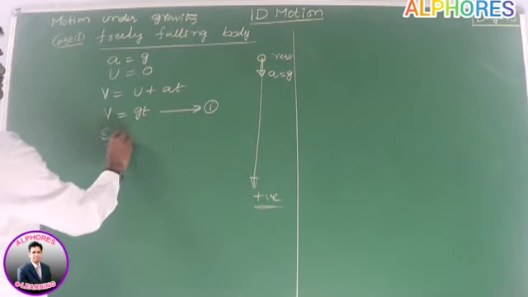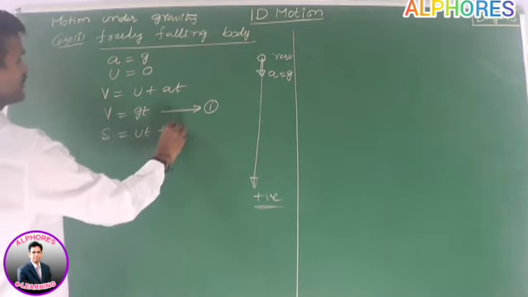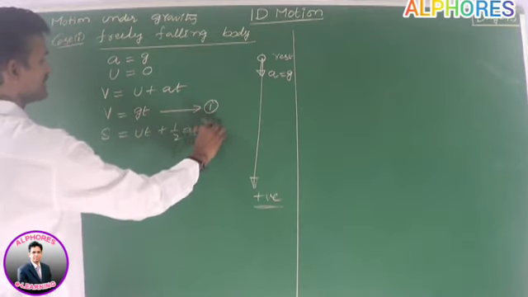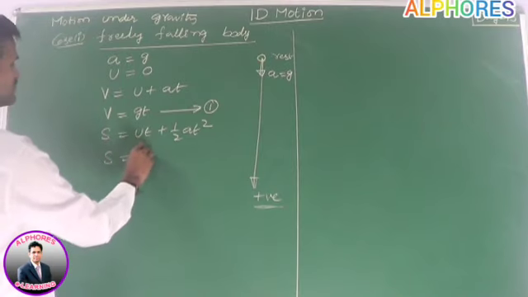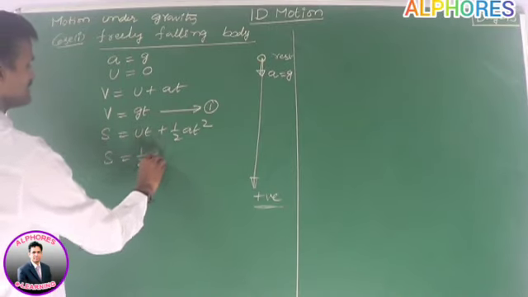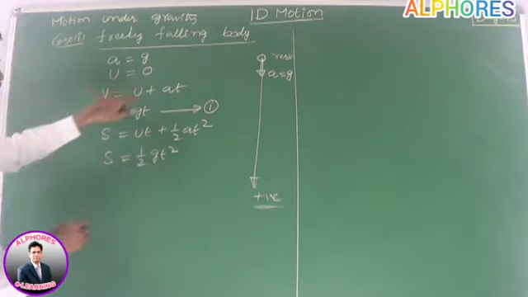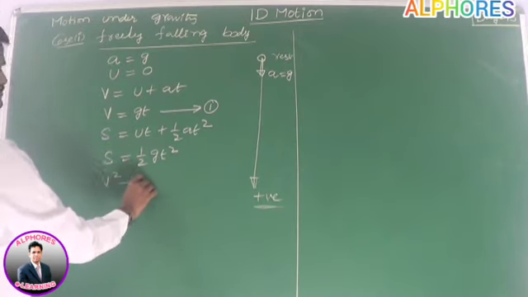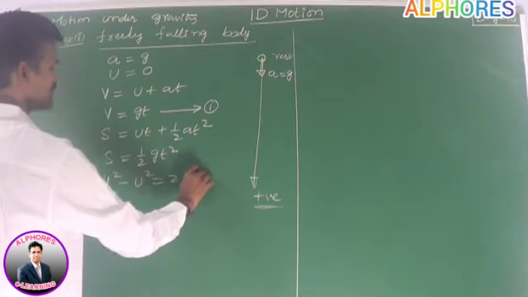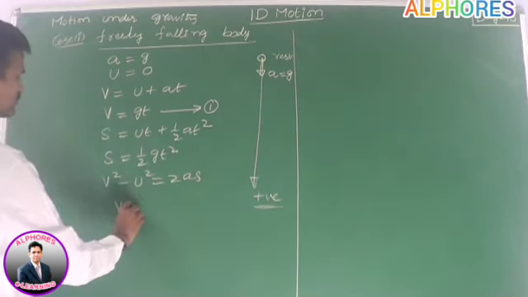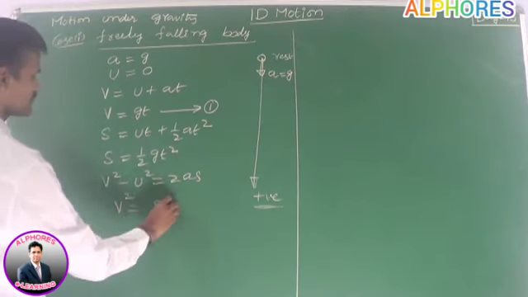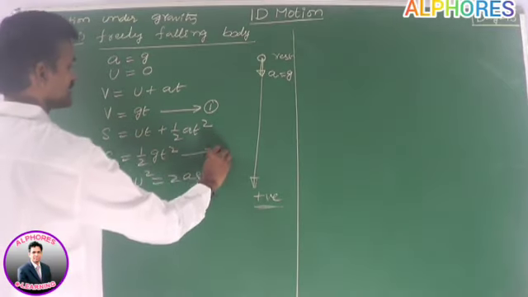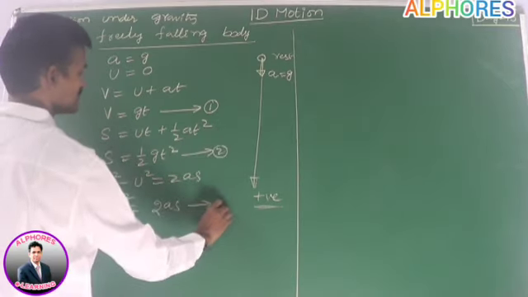Next, our second equation, s is equal to ut plus half at square, is changed as s is equal to half gt square, since u is equal to 0. Our third equation, v square minus u square is equal to 2as, is changed as v square is equal to 2gs. This is our second equation, and this is our third equation.